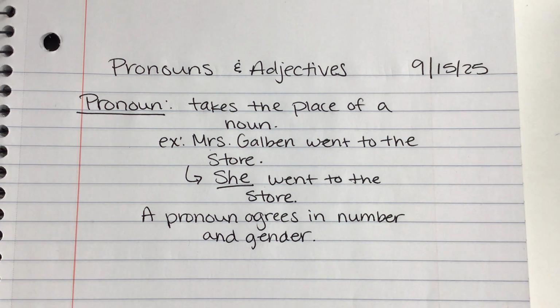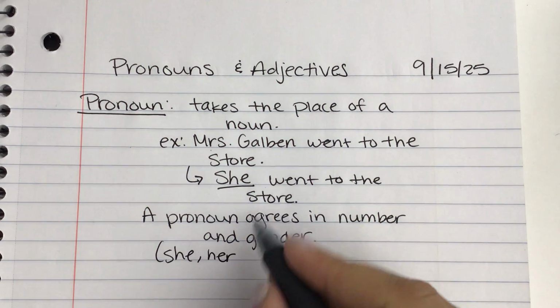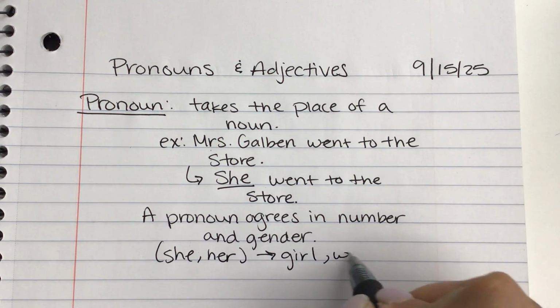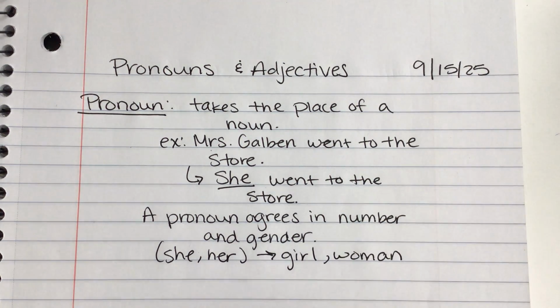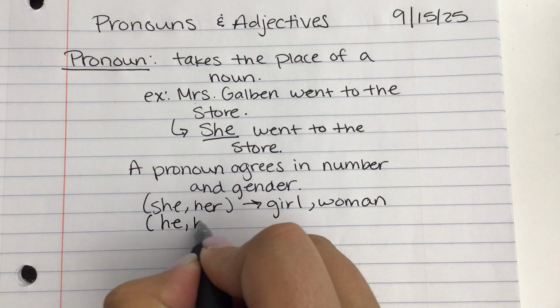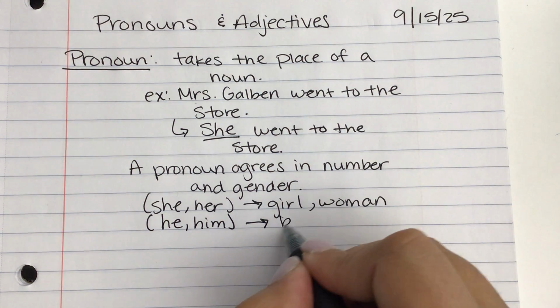So basically it uses she or her when referring to a girl or a woman. So she, her, girl, woman. Same thing with a male. So it's he, him, to a boy or a man.